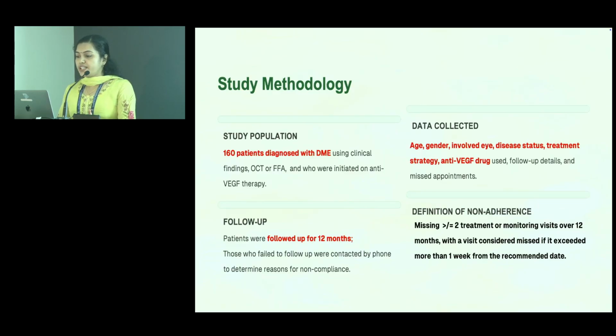Their demographic details, eye status, treatment strategy, anti-VEGF use, and follow-up details were collected. The patients were followed up for 12 months, and those who failed to follow up were contacted by phone to determine the reasons for non-compliance. We defined non-adherence as missing 2 or more treatment or monitoring visits over 12 months, with a visit considered missed if it exceeded 1 week from the recommended date.